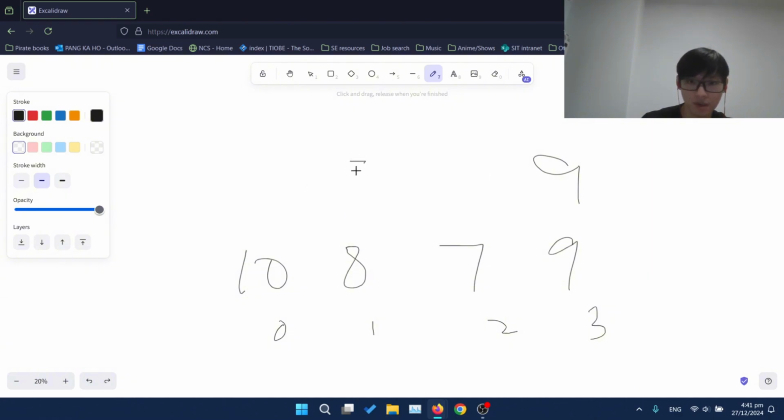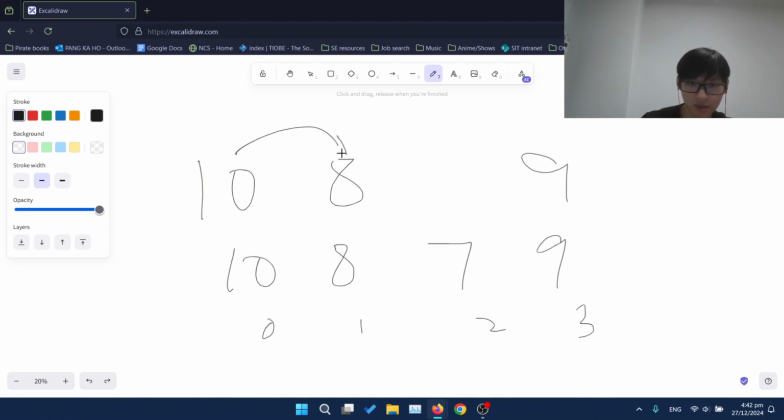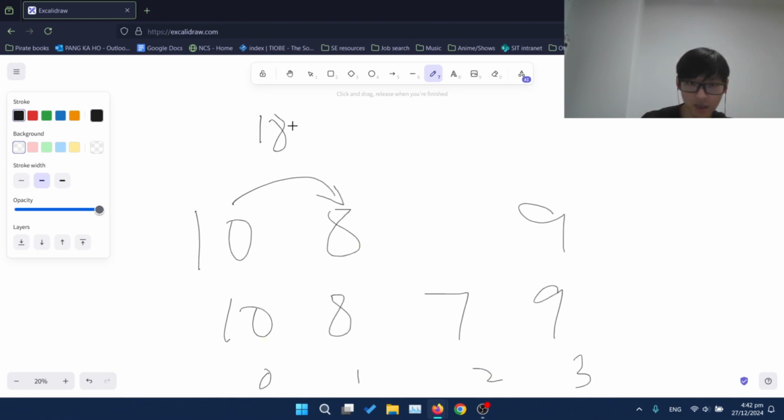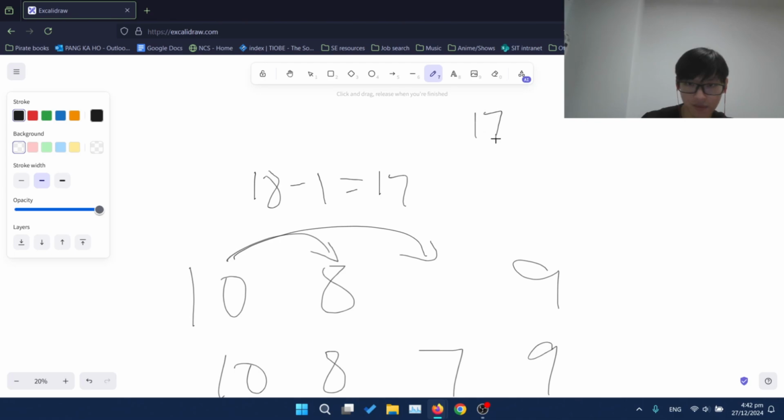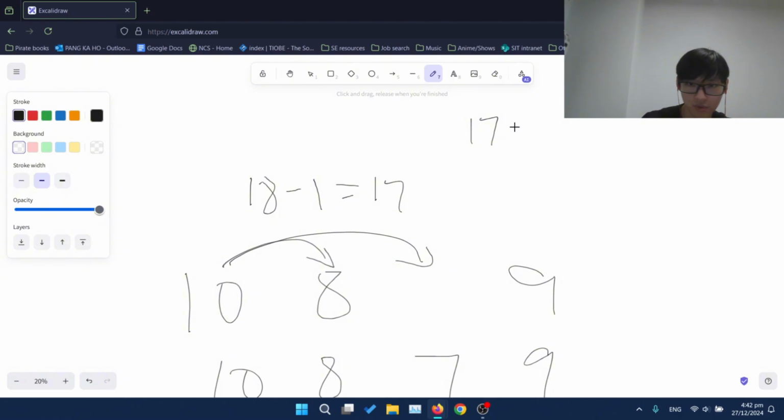Yep, okay. Now at this point, the score for this is 18 minus 1, which is 17. The score for this is actually 17 minus 2, which is 15.